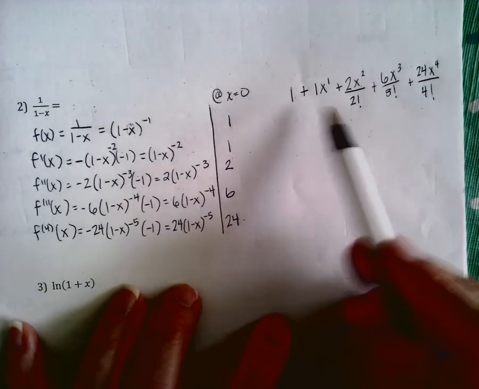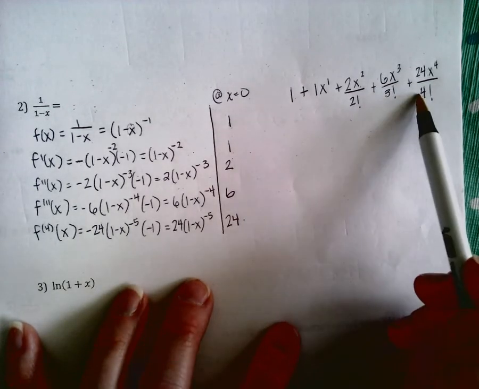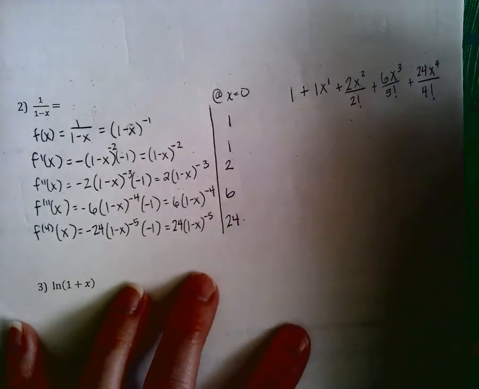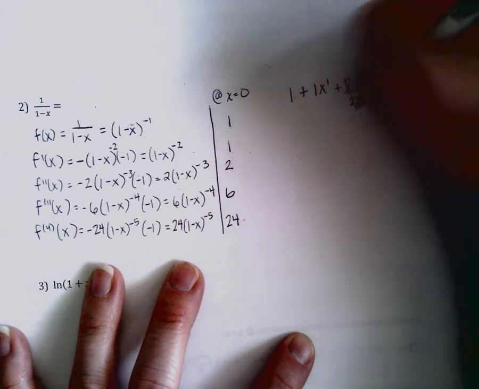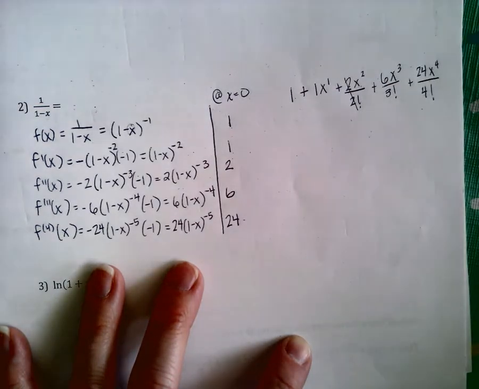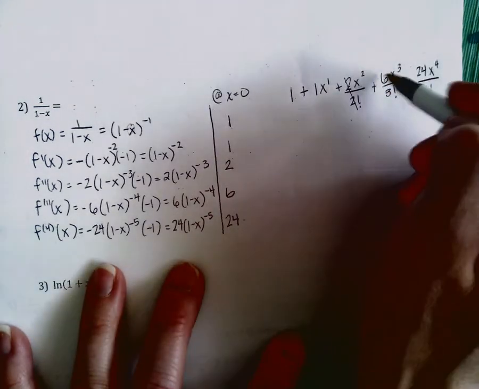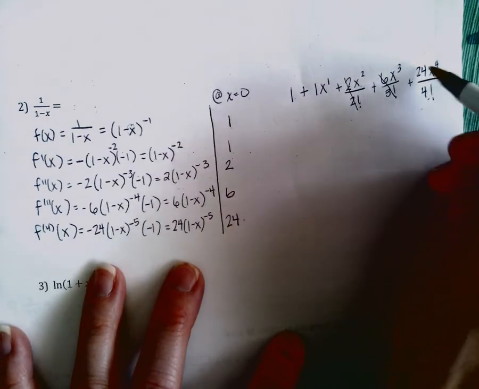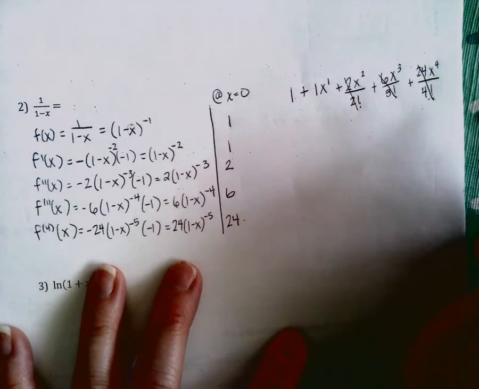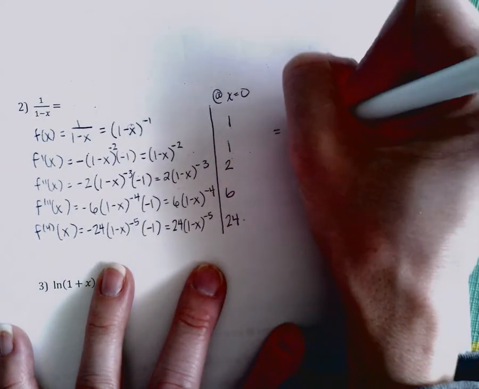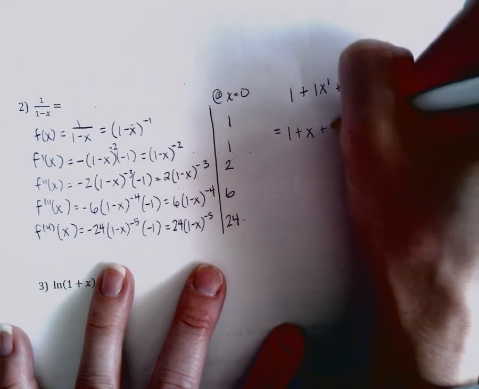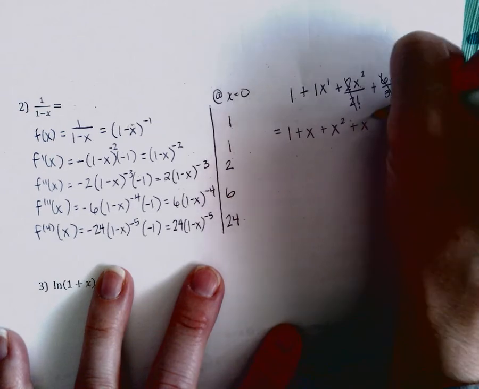So here is what we get, but actually this can reduce because 2 and 2 factorial, those are the same thing. 6 and 3 factorial, those are the same thing. And 24 is equal to 4 factorial. So that will actually always happen here. So this power series is just 1 plus x plus x squared plus x cubed plus x to the fourth.